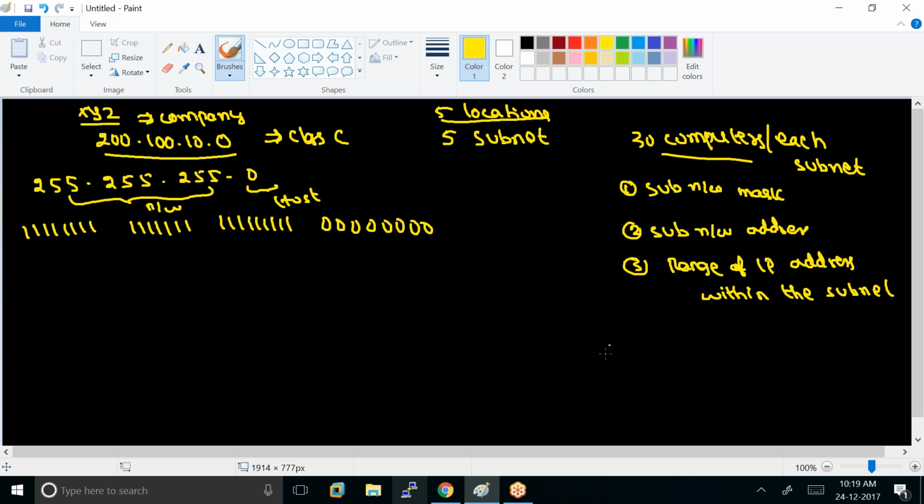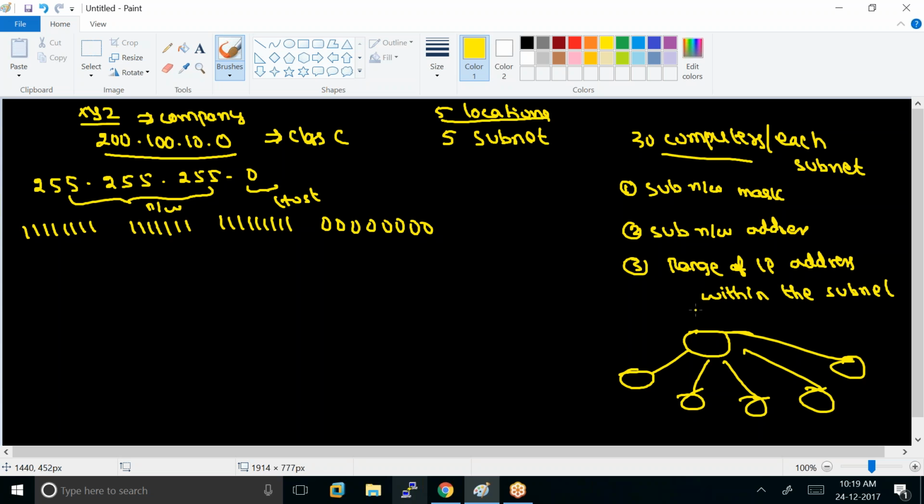What is a subnet? A given network has been divided into various smaller networks. Here the given network has been divided into subnet 1, subnet 2, subnet 3, subnet 4 and subnet 5. We want to divide it into 5 subnets. This is our requirement. The address corresponds to the mask 255.255.255.0.